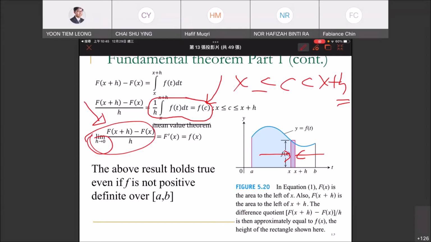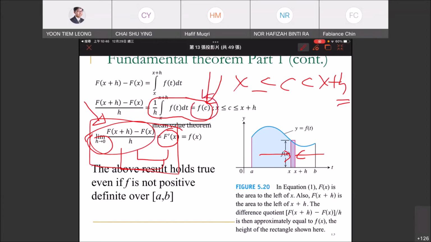Then that, by definition, is the derivative of the capital function F at x. So when you equate left to right, you are applying the definition of differentiation, right? Here we are applying the definition of the derivative for the capital function F.